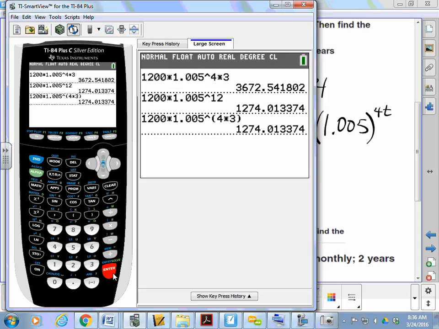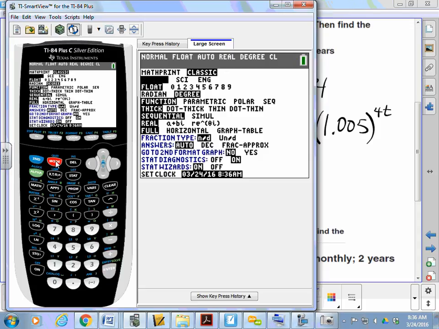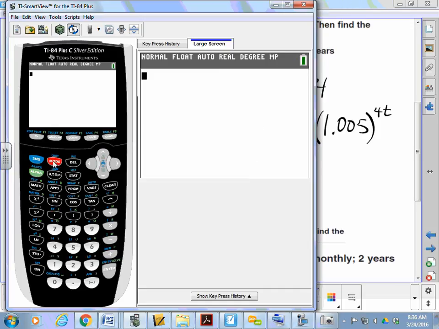Either way. All right, so be careful of that when that time rolls around. That's the nice thing of the updated calculators.